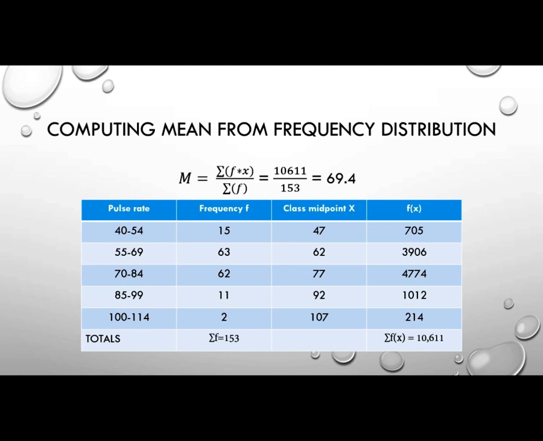That's the number of people that represent those classes on the left-hand side. The class midpoint, not important, but you take the sum of the frequencies and put that in the denominator, and you take the sum of the frequencies times x and put that in the numerator, and you get the mean. That's how you calculate it from a frequency distribution.